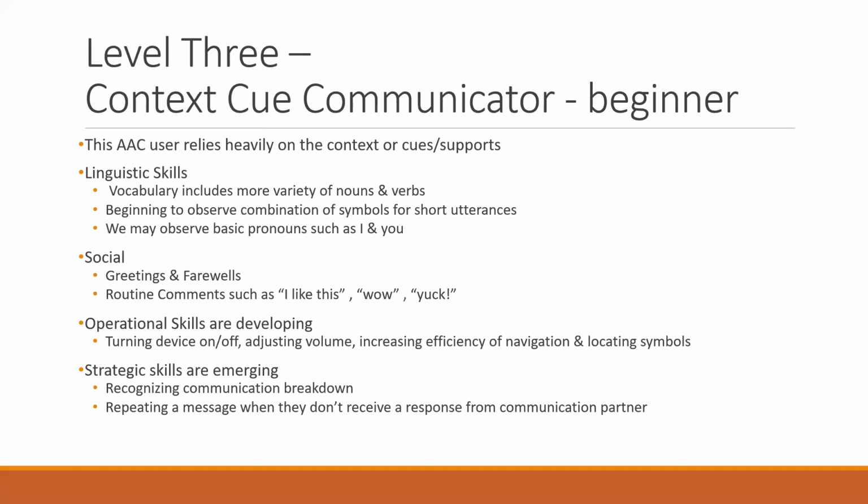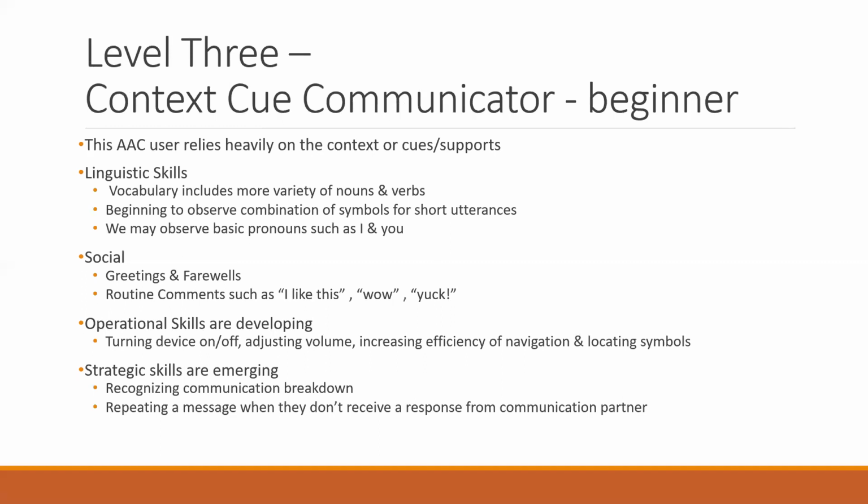And we're beginning to observe some combinations of symbols that form short utterances. And we start to observe some basic pronouns such as I and you. I like this. Your turn. As far as the social competency, we are beginning to see greetings and farewells and very routine comments such as, again, I like this, wow, yuck.